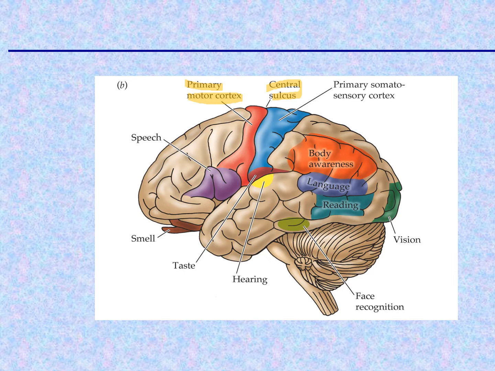Posterior to the central sulcus, you have the postcentral gyrus, and that's the primary somatosensory cortex. So this is the main area that's involved in perception or awareness of sensory information coming in from your body.